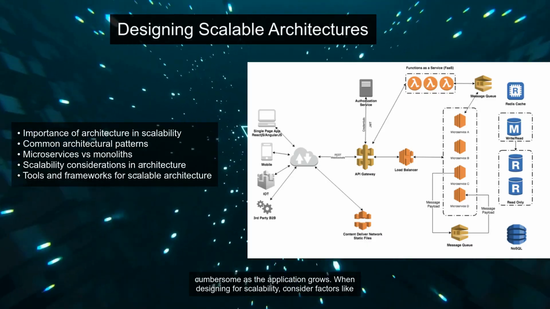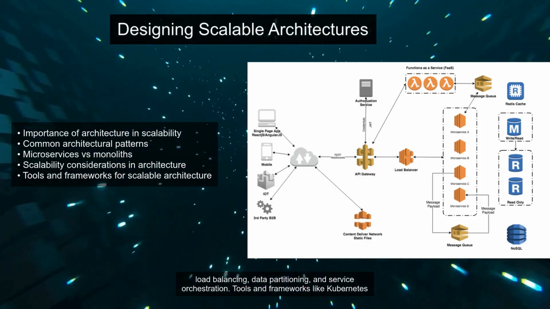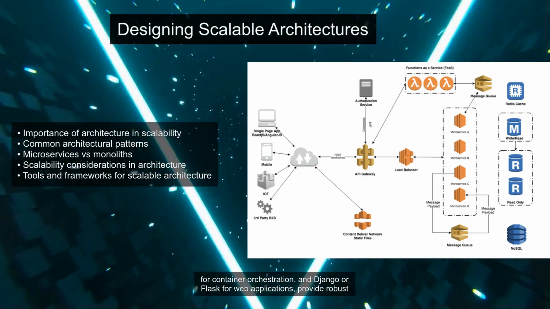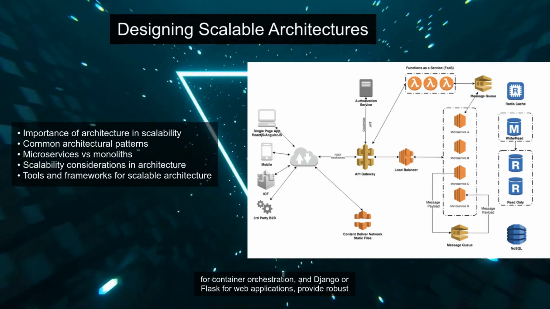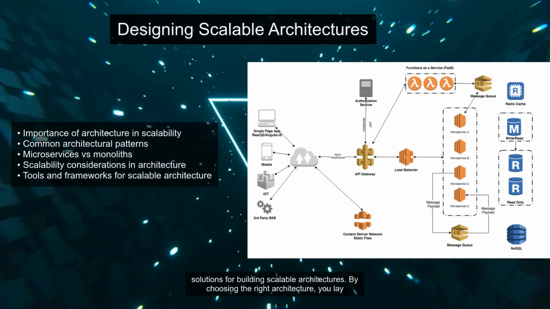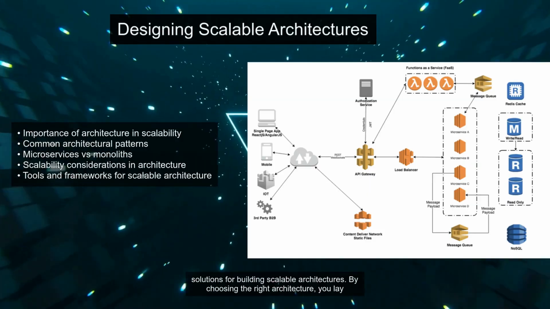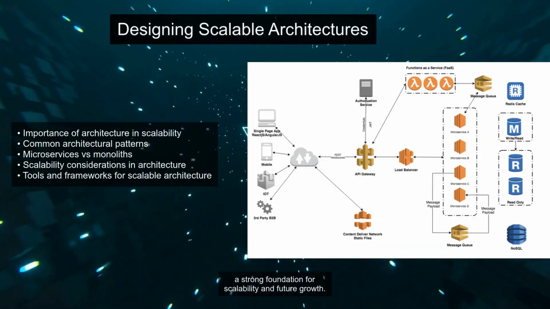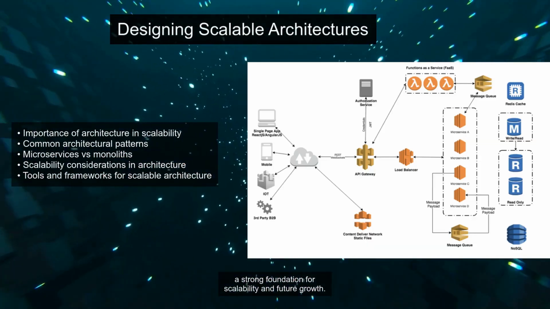When designing for scalability, consider factors like load balancing, data partitioning, and service orchestration. Tools and frameworks like Kubernetes for container orchestration and Django or Flask for web applications provide robust solutions for building scalable architectures. By choosing the right architecture, you lay a strong foundation for scalability and future growth.